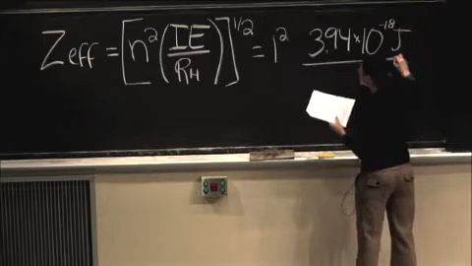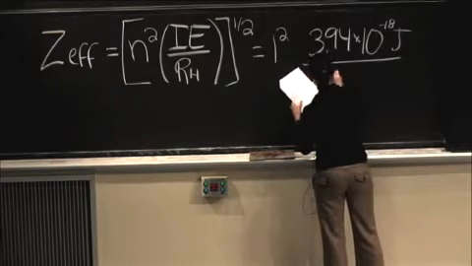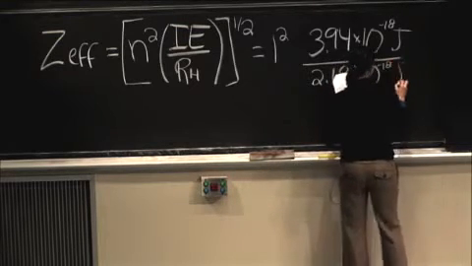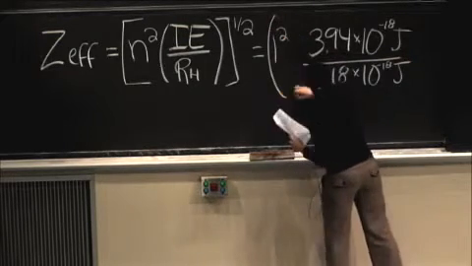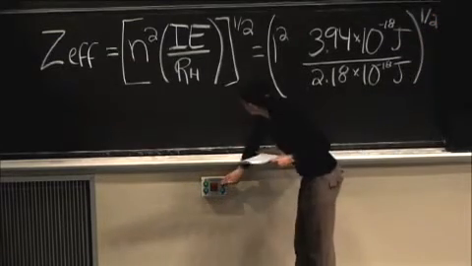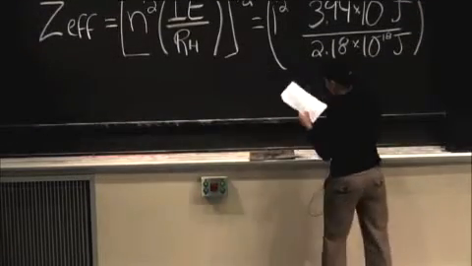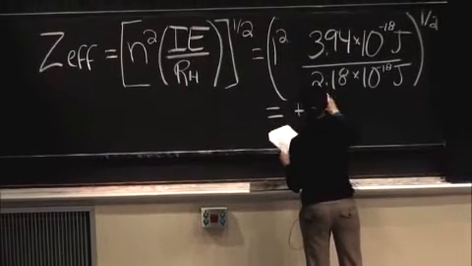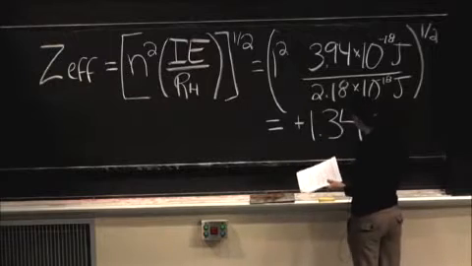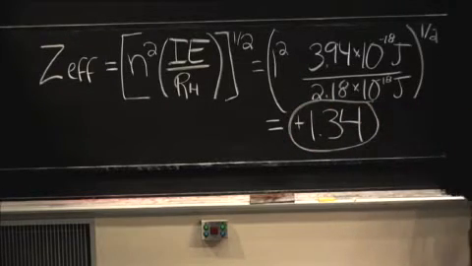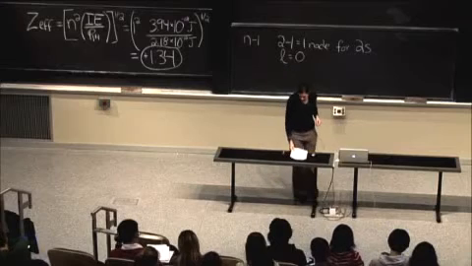We put all of this over the Rydberg constant, which is 2.18 times 10 to the negative 18 joules, and we want to raise this all to the 1/2. So what we end up seeing is that the Z effective is equal to positive 1.34. This is what we find the actual Z effective is for an electron in the helium atom.